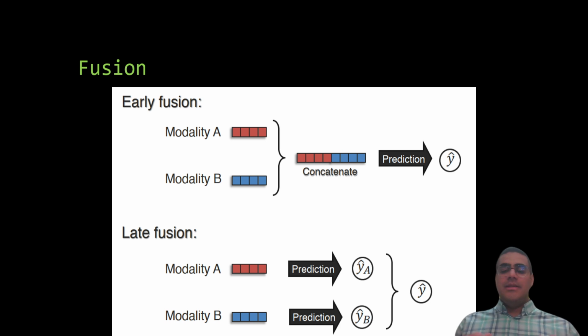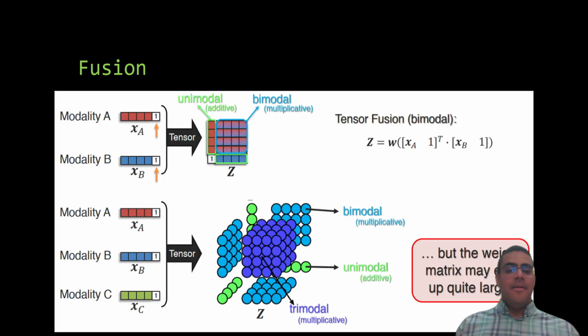But late fusion means basically doing this combining after making a prediction. Okay, as you can see in this chart, it is very obvious what the difference between early and late fusion is.